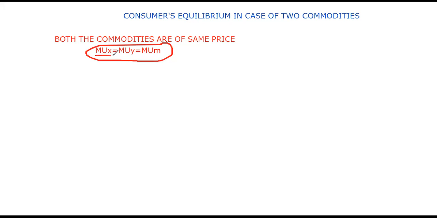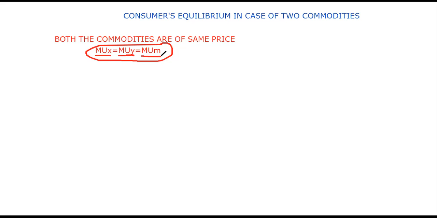Utility derived from X should be equal to utility derived from Y, which should be equal to what all money you have with you, because you have limited money to spend on those products.